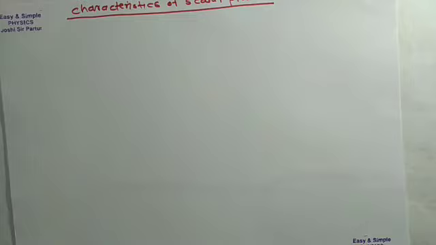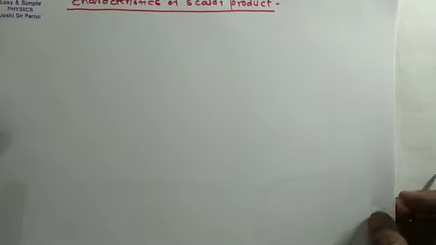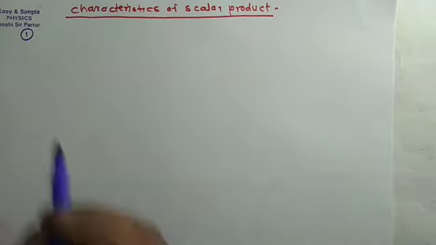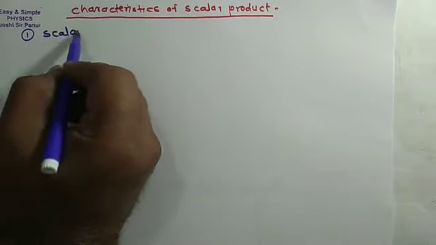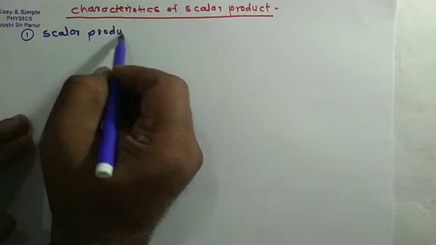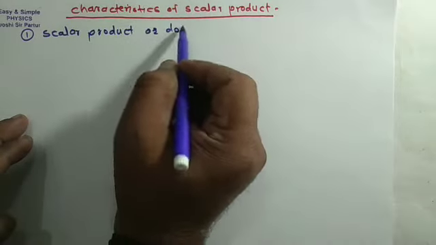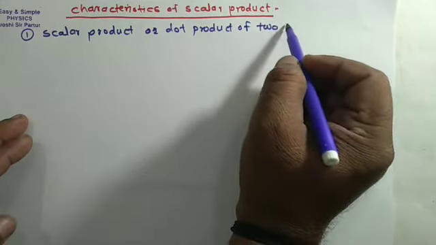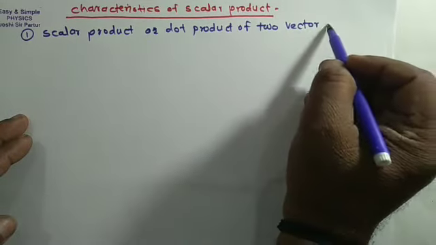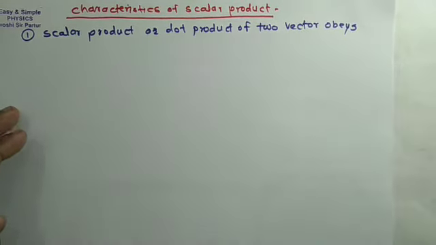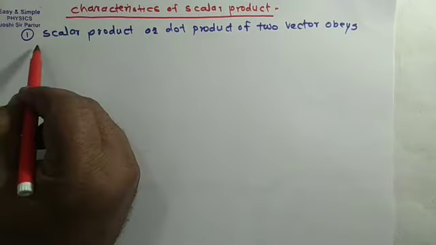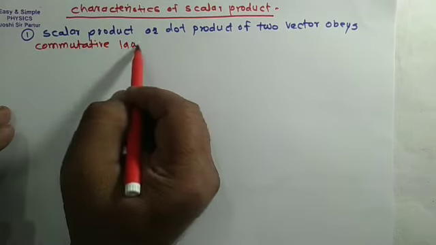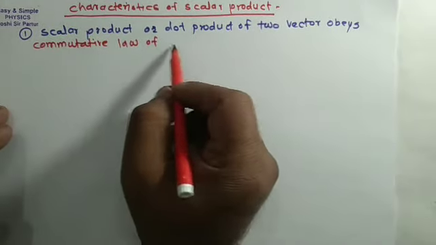We can see in detail. First, number 1, the scalar product or dot product of two vectors obeys the commutative law of multiplication.